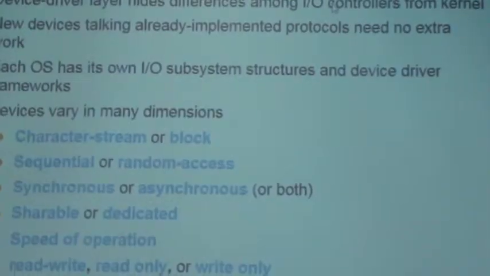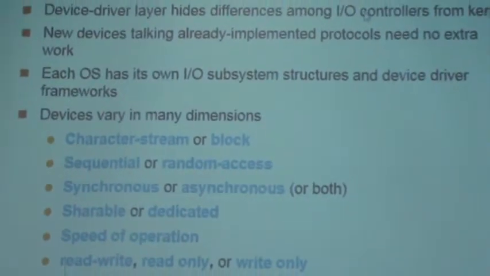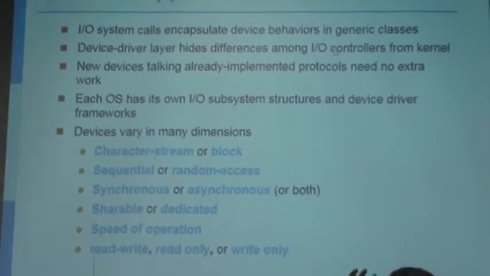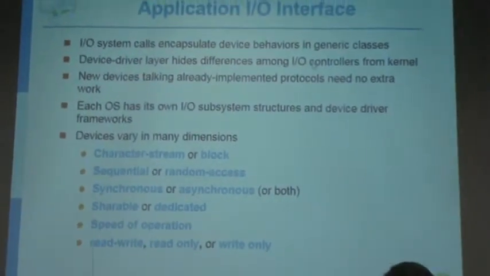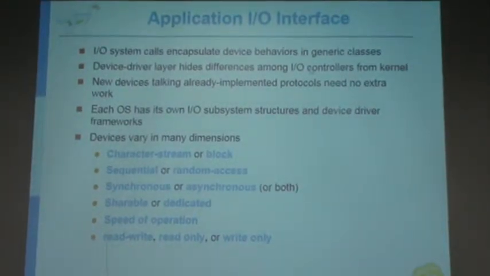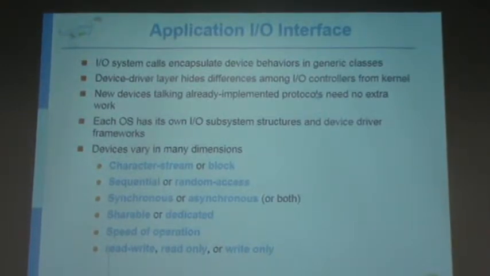You need to consider that. Each operating system has its own I/O subsystem. The application doesn't have to worry, the user doesn't have to worry about such I/O structure. So it's highly abstract.